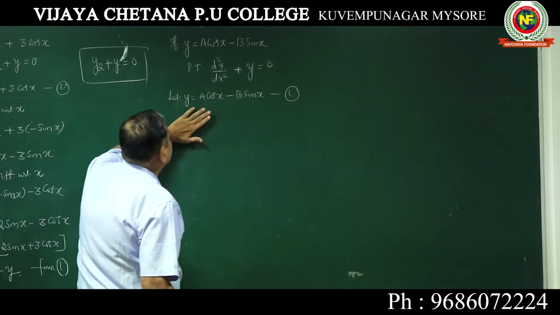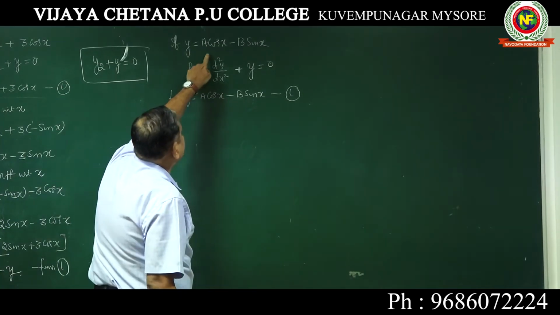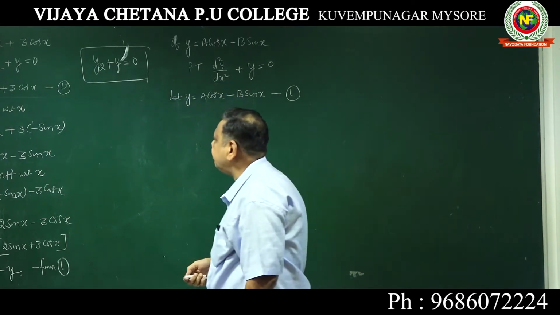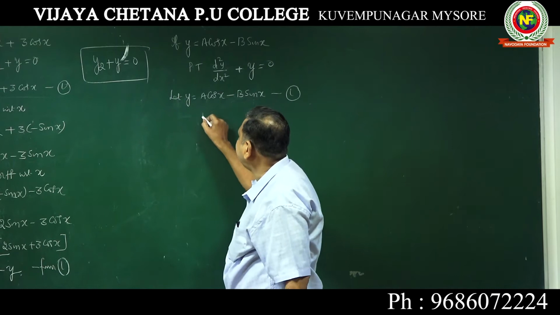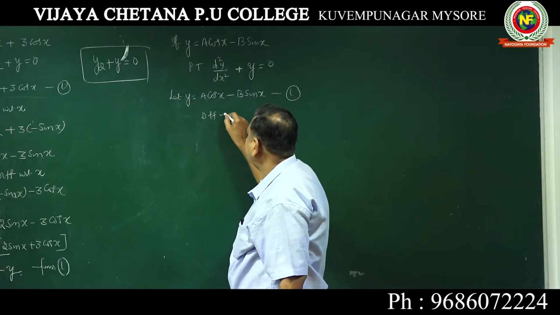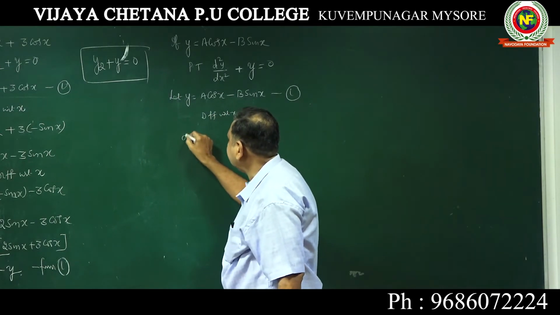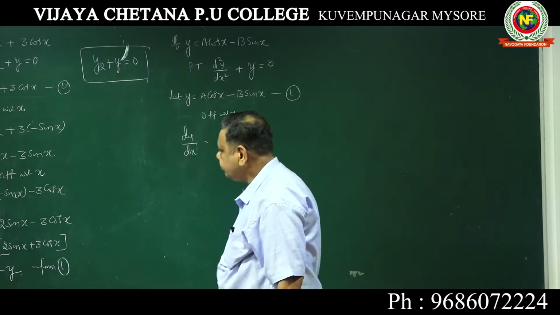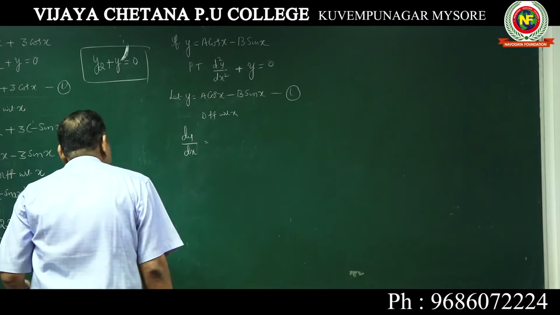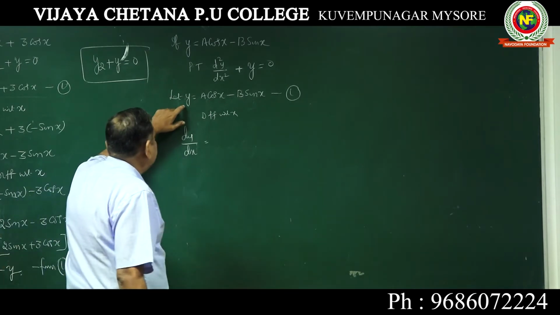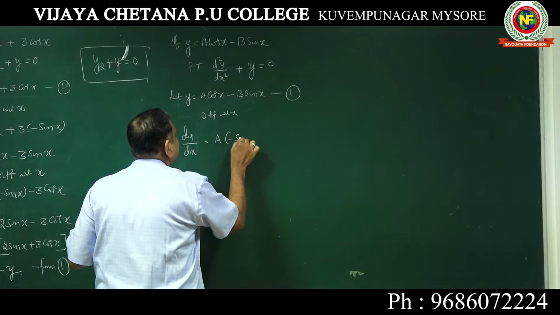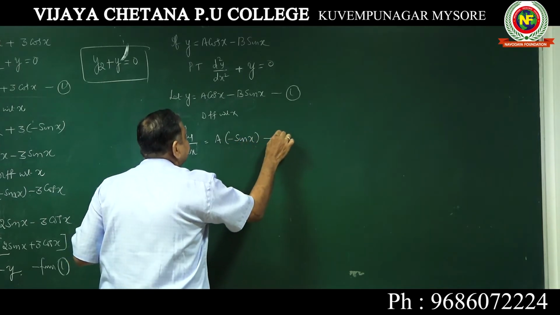Now differentiate. Now you write dy by dx because they have asked in this form. If they ask y2 or y1, write accordingly. Now differentiate with respect to x. dy by dx is equal to a into cos x differentiation, minus sin x, minus b.